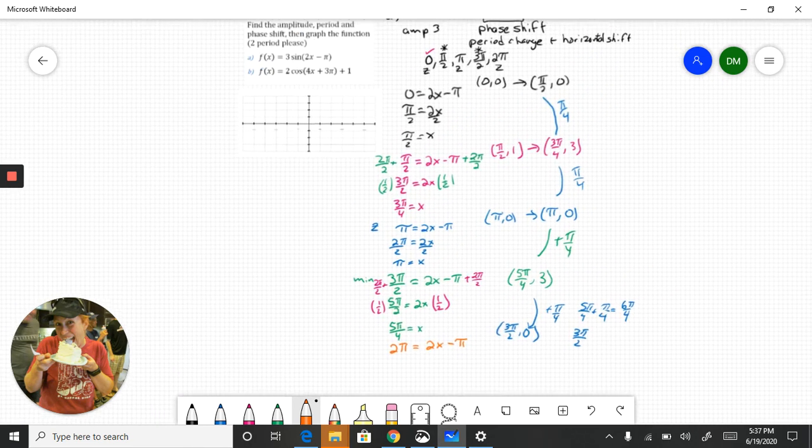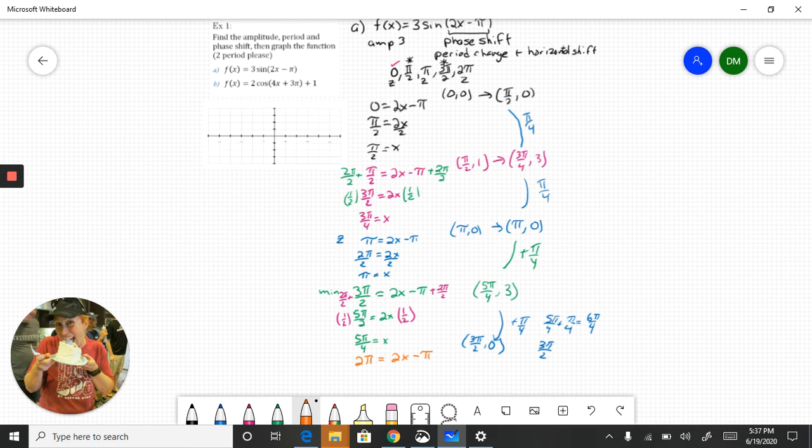In order to, we found the amplitude, we need to find the period and the phase shift. So we figured out that it's shifting right pi over 4. So this is the phase shift. And the phase shift takes into account the horizontal shift and the period change, so you can't just read it from the graph.